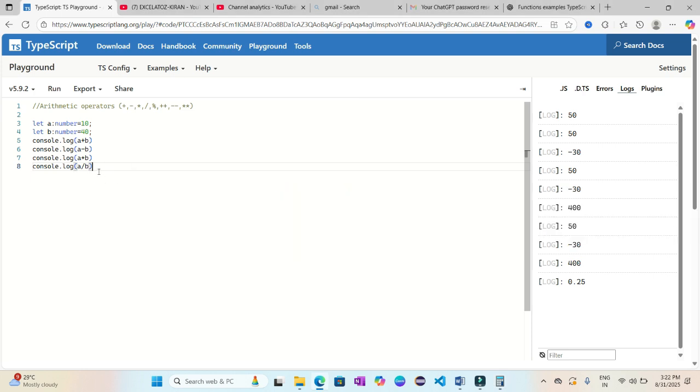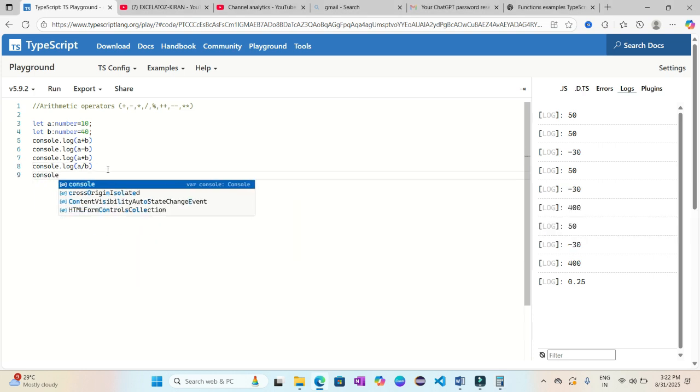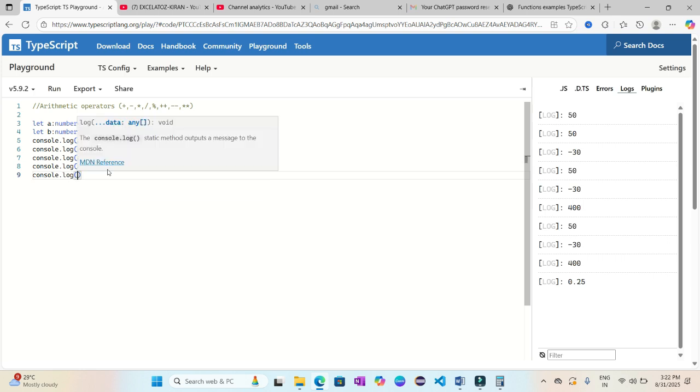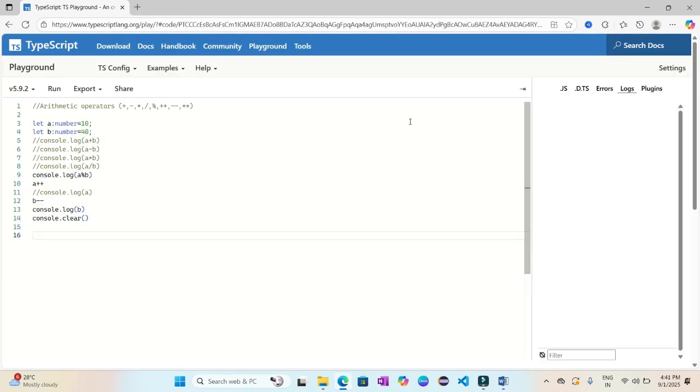Now we need to calculate the percentage also. Console dot log a percentile b. Here console dot clear, I am clearing the console. A plus plus, console dot log a. Now here a value is 20.